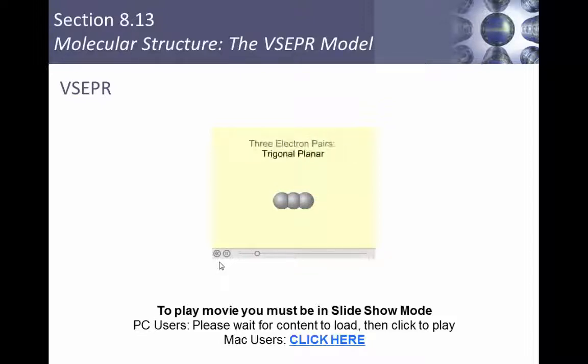Three bonding electron pairs around the central atom result in a trigonal planar structure. Boron trifluoride has a trigonal planar structure. The bond angles in a trigonal planar arrangement are 120 degrees.